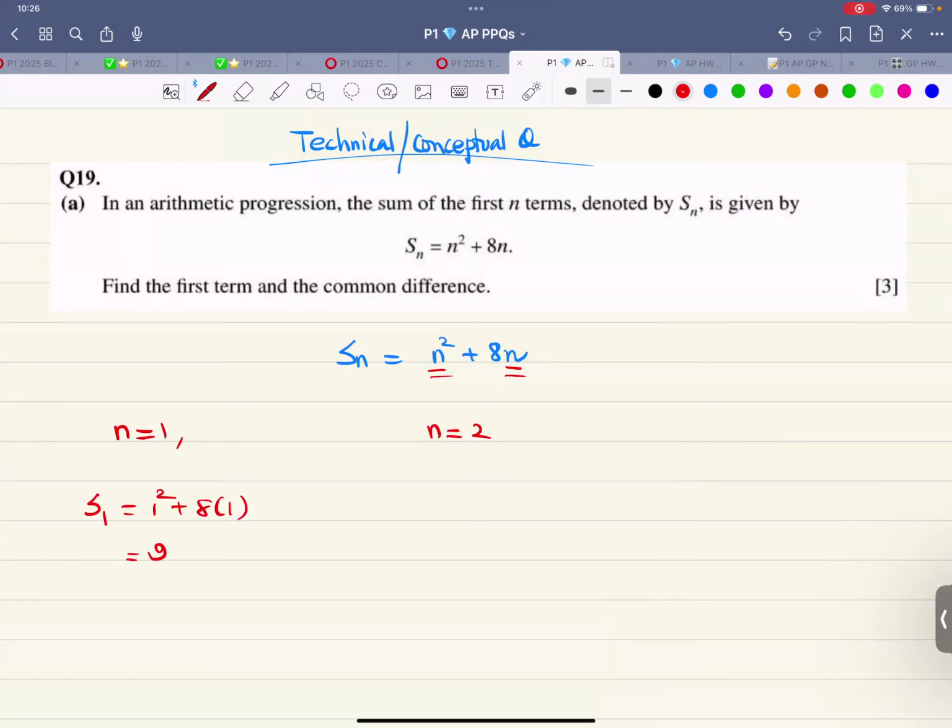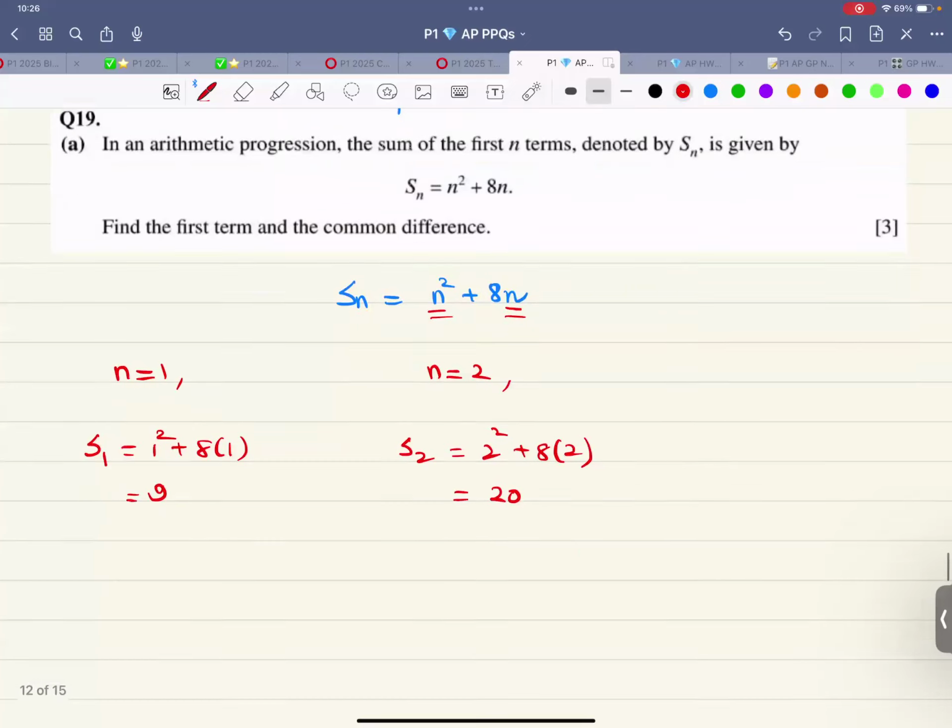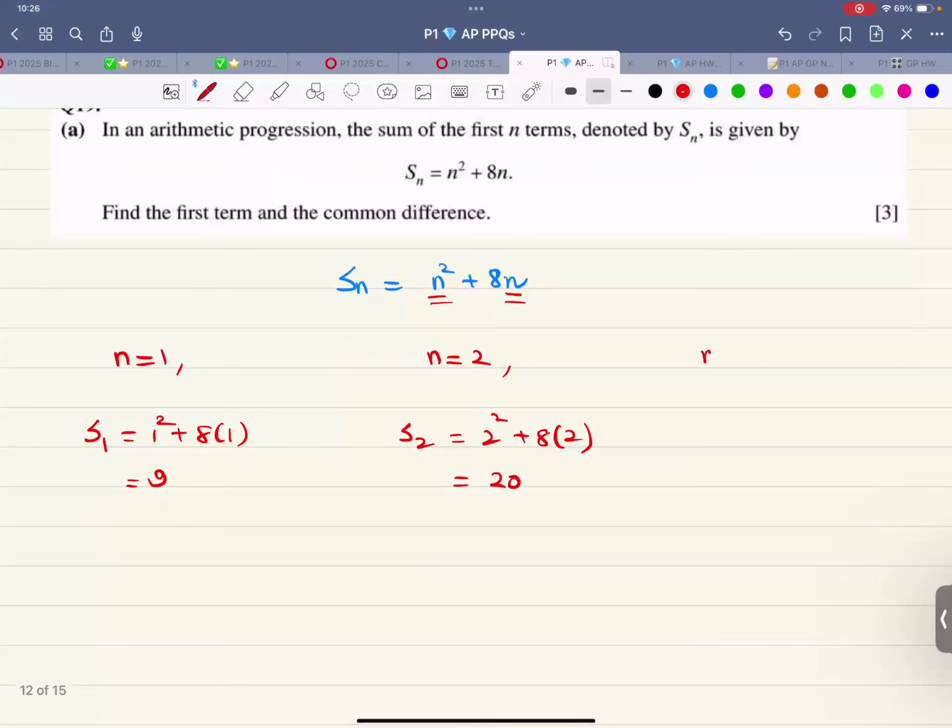Therefore, sum of two terms is equal to 2 square plus 8 times 2, that is 4 plus 16, which is 20. Let me just put in one more value. As such, I don't need it. Just for fun, I'm doing it. Sum of three terms, that is 3 square plus 8 times 3, that is 9 plus 24, that is how much?